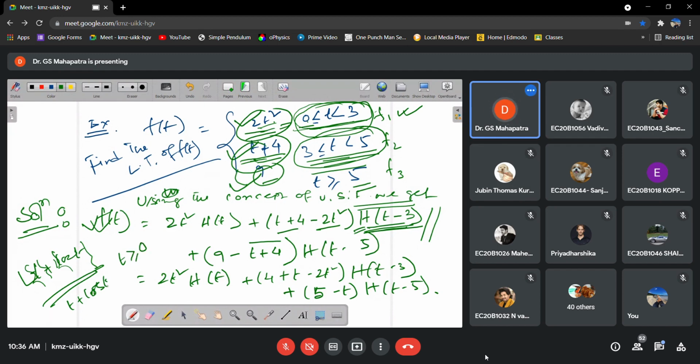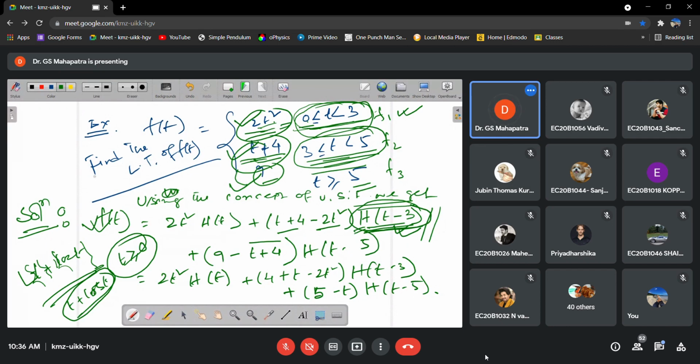Then no problem, the total function is defined in this domain. But here, all the functions are not defined for the whole domain. It is a different domain, 0 to 3 or a different range. So you can't consider that. That's why you have to consider the Heaviside function, since the function itself gives you the range. So you know what the range of t is.